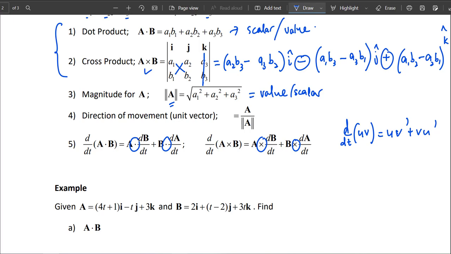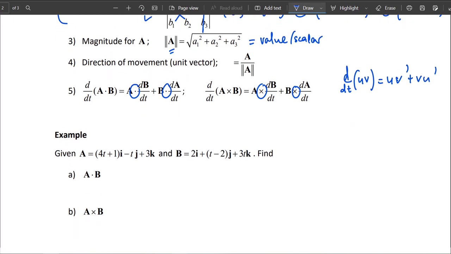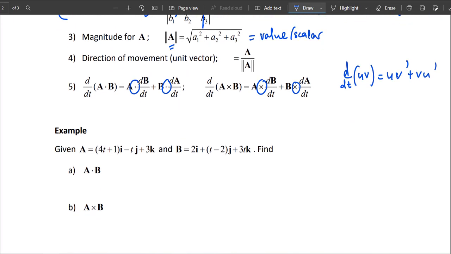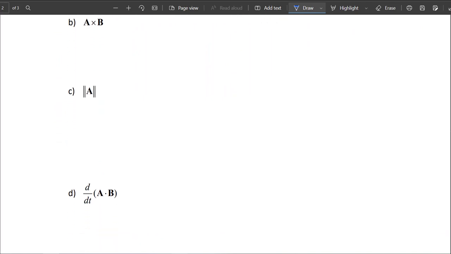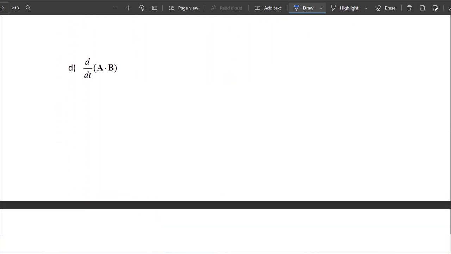For example, please do this as your exercise. Given A and B, find A dot B, A cross B, magnitude of A, and differentiate A dot B, differentiate A cross B.